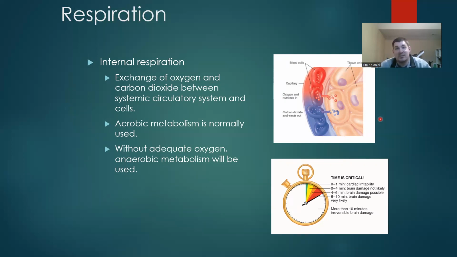Without adequate oxygen, the cells still need energy, so they end up using a process called anaerobic metabolism, which is going to use more energy and produce less energy in the process. So if no oxygen is there, or not enough oxygen is there, we start getting byproducts of that anaerobic metabolism. Okay?